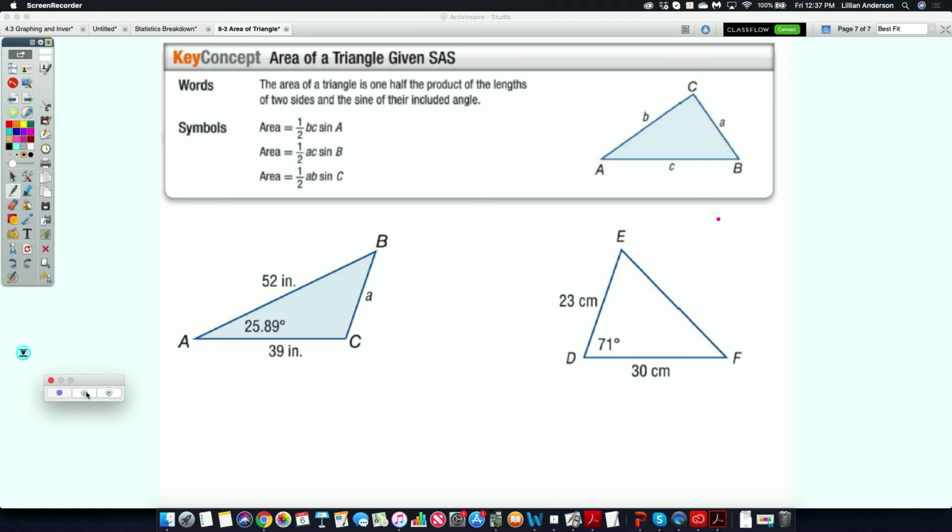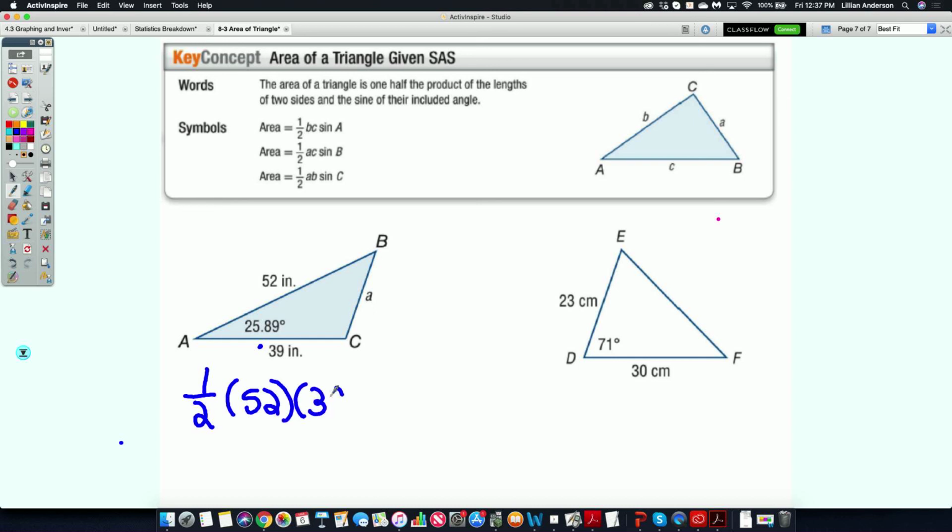So it doesn't necessarily have to be angle A and side B and side C. If it's side, angle, side, it's 1/2 your two sides multiplied together times the sine of your angle. And of course, you want your calculator to be in what mode? Degree mode. So to find the area of this triangle is going to be nothing but 1/2 times 52 times 39, my two sides, times the sine of my angle.